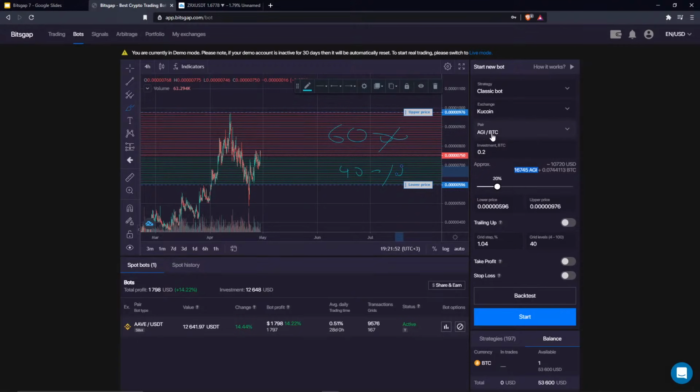Which is, in this case, the AGI. So that's why we are required to have this amount of AGIs, so that all of these sell limit orders are successfully placed by the bot. And the remainder is for the limit buy orders. So that's the exact ratio of around 60 to 40%.